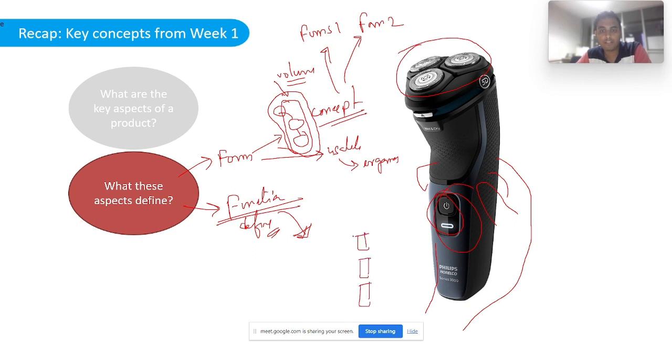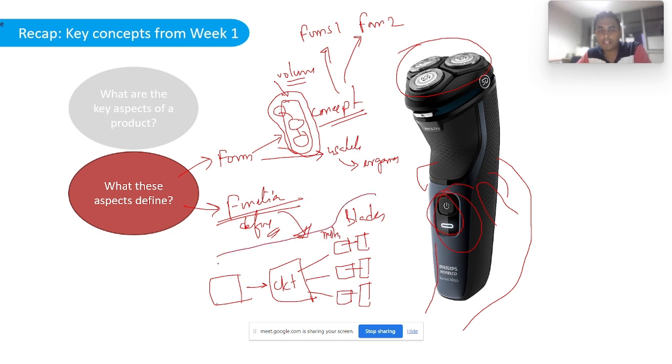These blades are probably connected with some sort of motors, then there will be some sort of control circuitry, and then we have the power source. So when we define the functionalities, we also need to define the functional decomposition of a particular product. So these are the two aspects of any product: form and function.